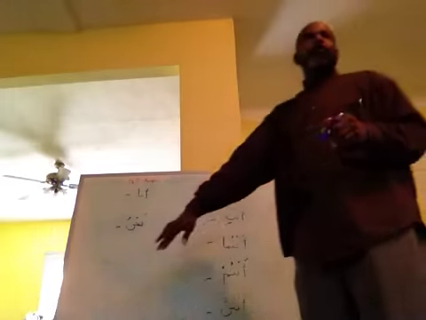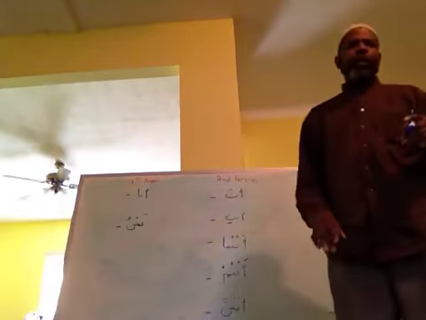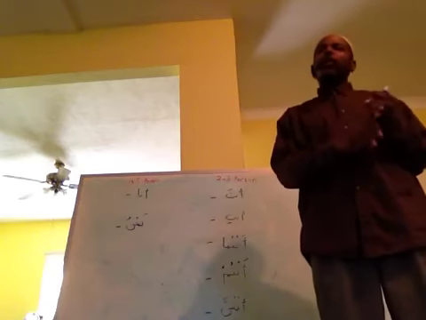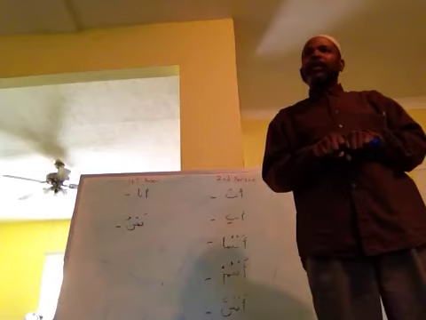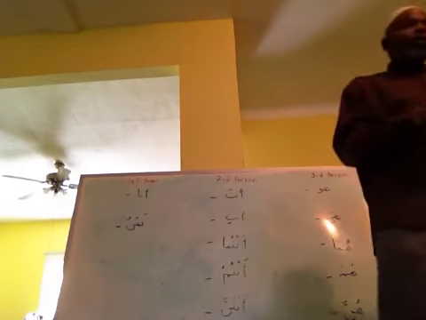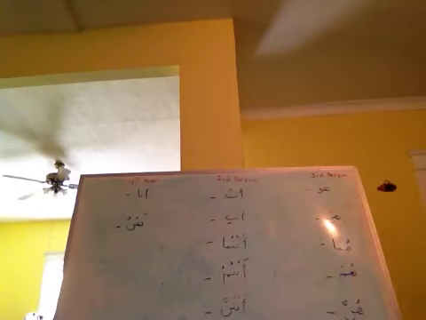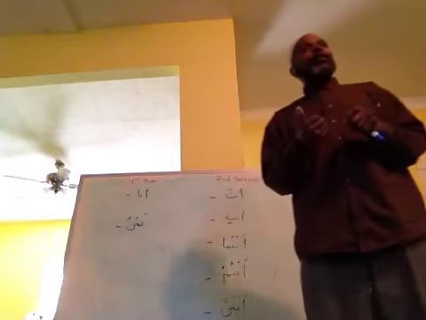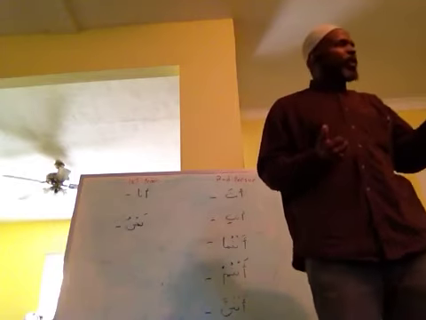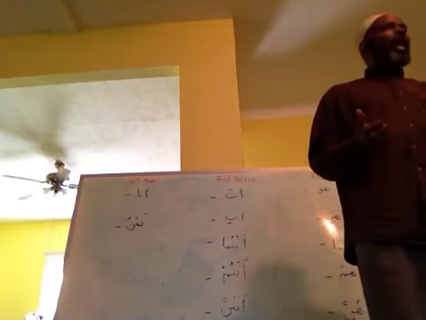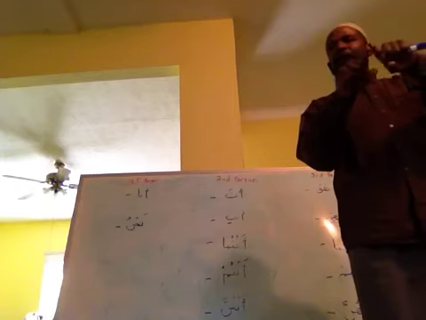And again, with the exception of the verb, when you attach them to a noun, they form an idafa. Do you understand idafa? So when you take an attached pronoun and put it at the end of a noun, you form an idafa.